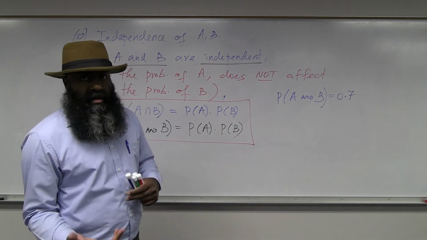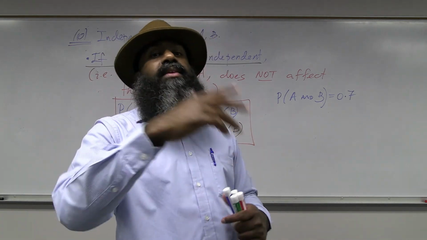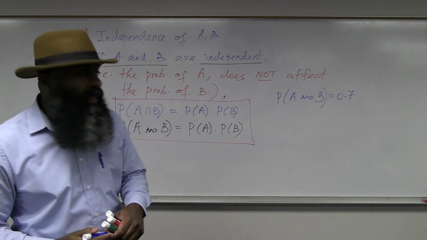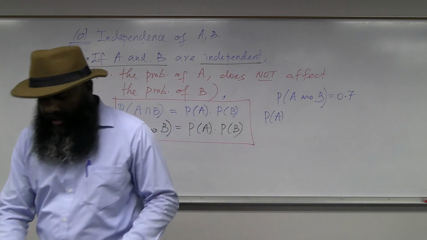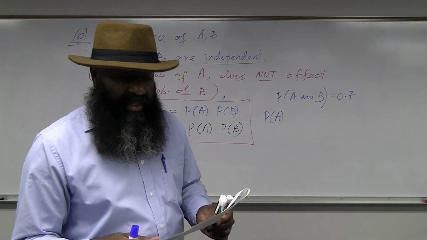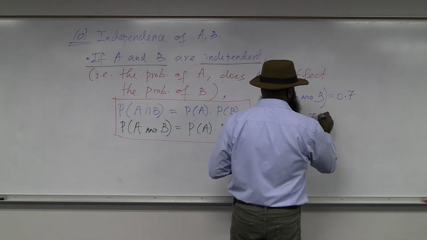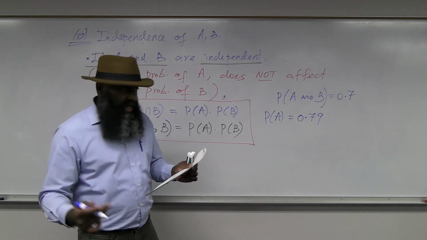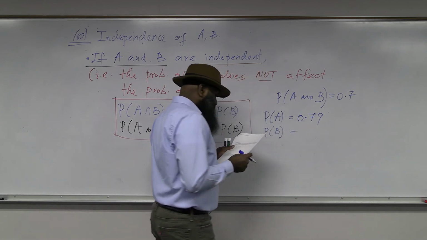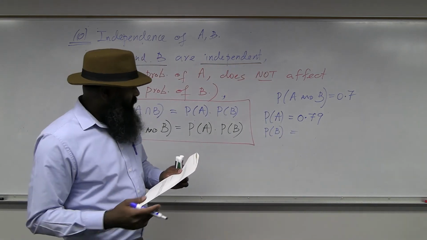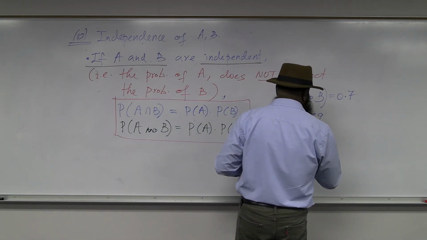Also in that question, we were given the probability of high scratch resistance and the probability of high shock resistance. So the probability of A, I think we defined event A as high scratch resistance, was given as 0.79. And probability of B, which was the high shock resistance, was given as 0.86.